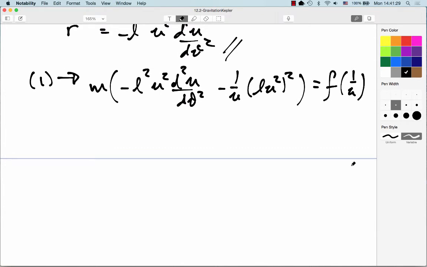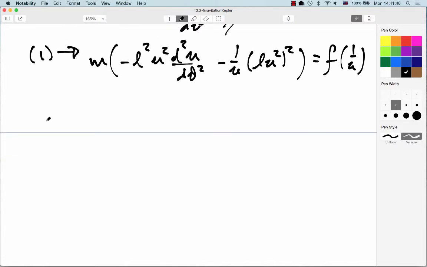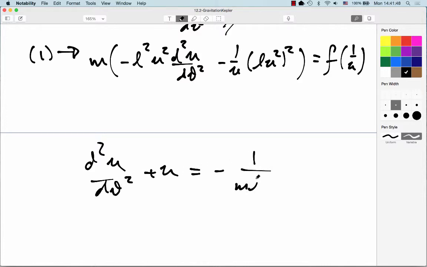Now, conventionally, you go ahead and divide through by minus m L squared u squared to get d squared u d theta squared plus u equals minus 1 over m L squared u squared f of 1 over u.